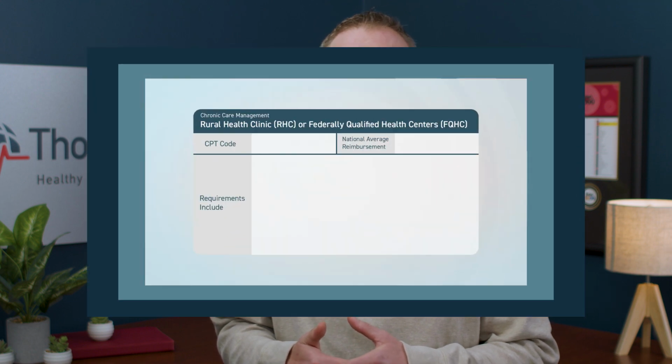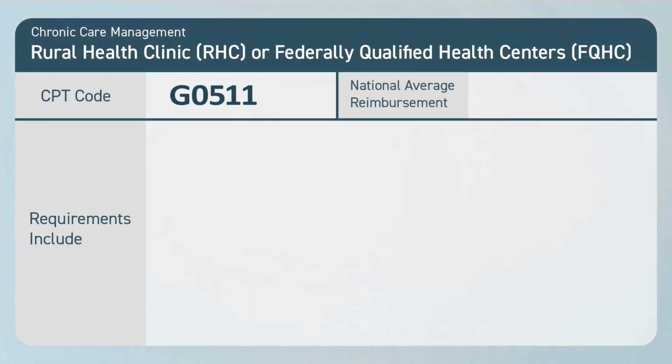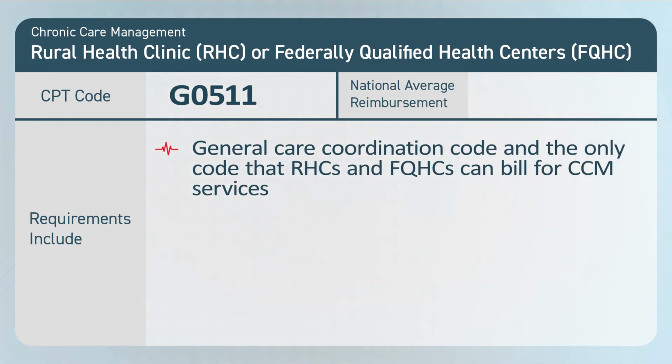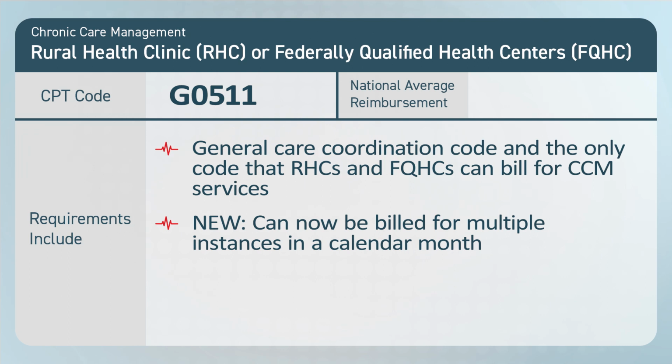If you're a rural health clinic or federally qualified health center, you will bill a separate code, G0511. This is a general care coordination code and is the only code you can bill for CCM services. New in 2024, G0511 can now be billed for multiple instances in a calendar month.